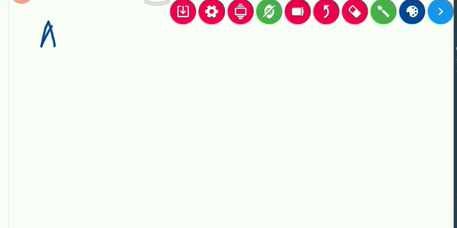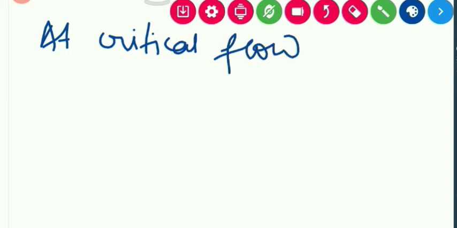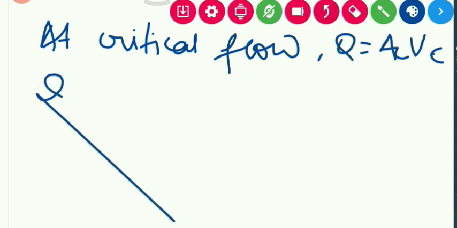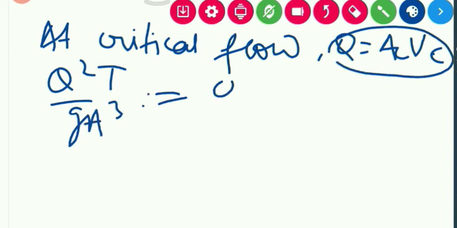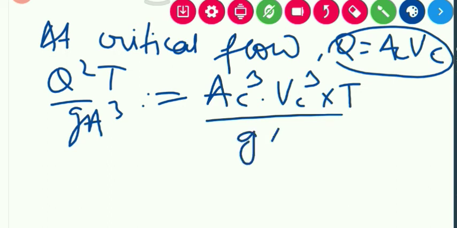So at critical flow, Q equal to Ac into Vc, critical area into critical velocity. In Q square T upon g A cube, we can put this value of Q, then this will be Ac square into Vc square into T upon g into Ac cube, equal to 1.